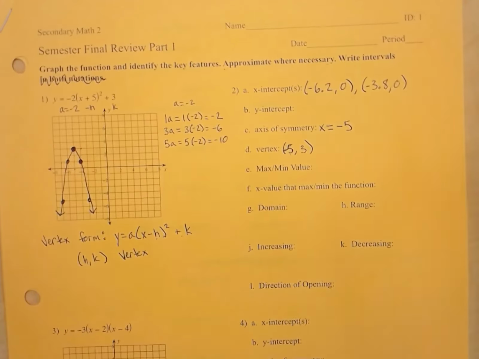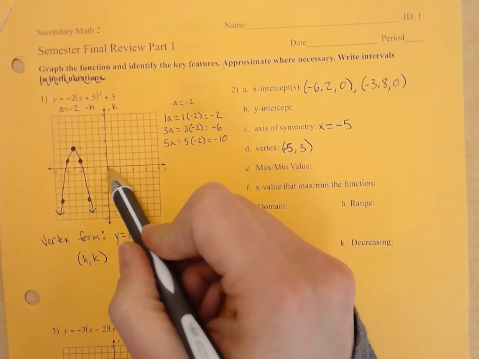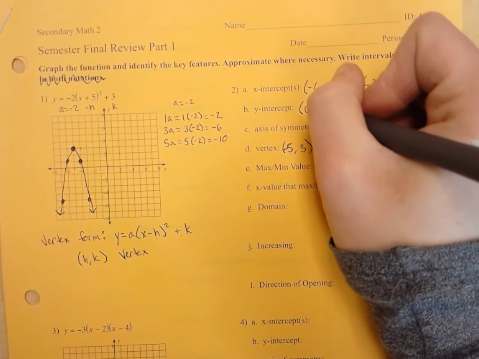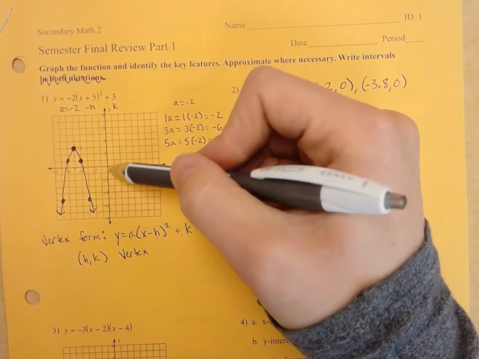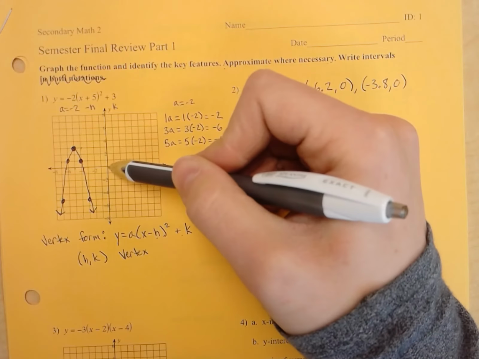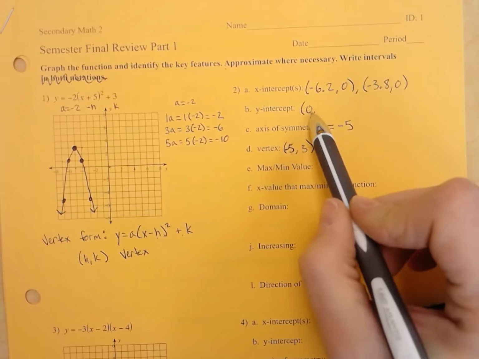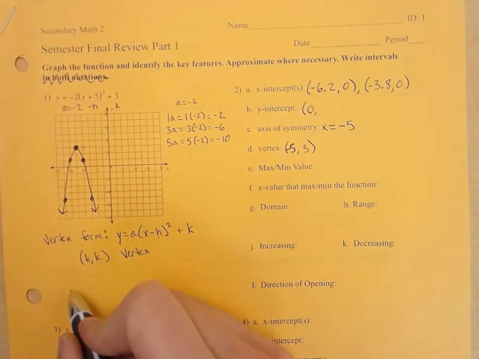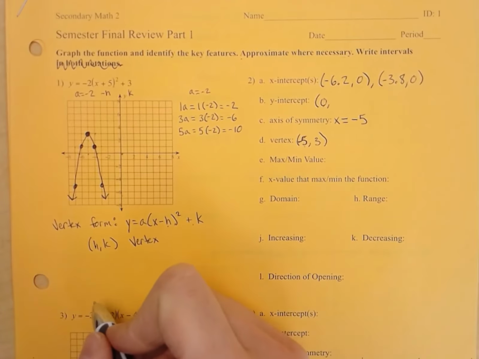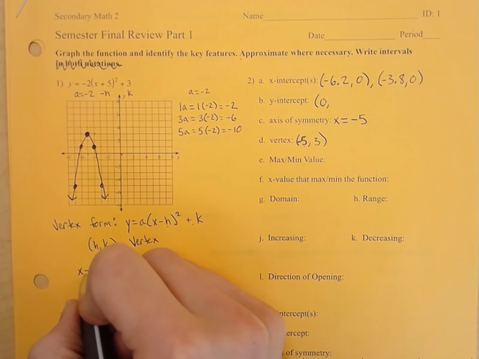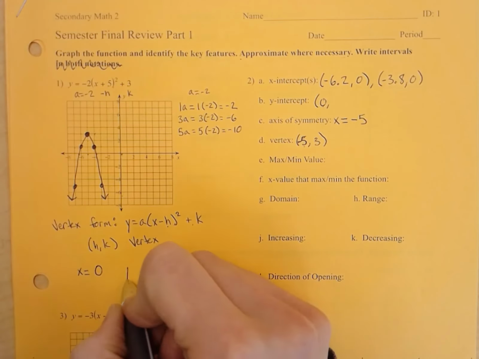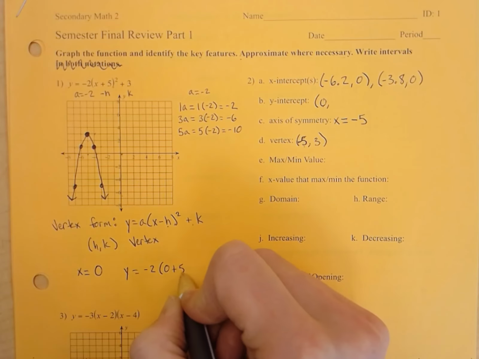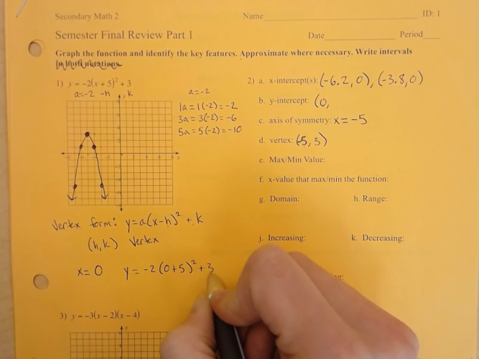Okay. My y-intercept, well, hot dang, I don't see it crossing. But here's what I know: the x-coordinate of the y-intercept, because that's where I'm crossing the y-axis, this x value is 0. So if I know the x-coordinate, all I have to do is plug it into my equation to find the y-coordinate. So down here, I can say x equals 0, y equals negative 2 times 0 plus 5 squared plus 3.